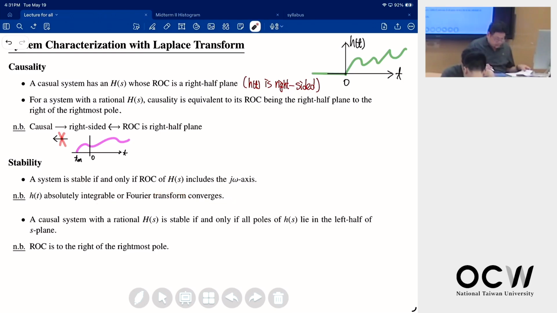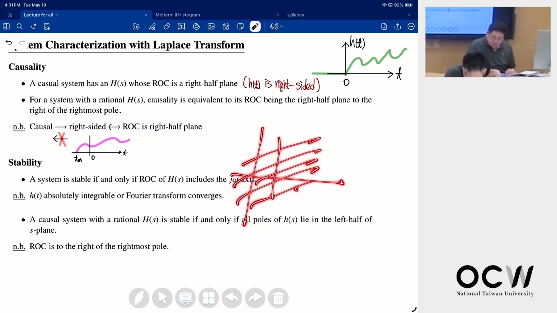Then we say the system is stable. So as long as your region of convergence includes the j omega axis, then the system is stable.